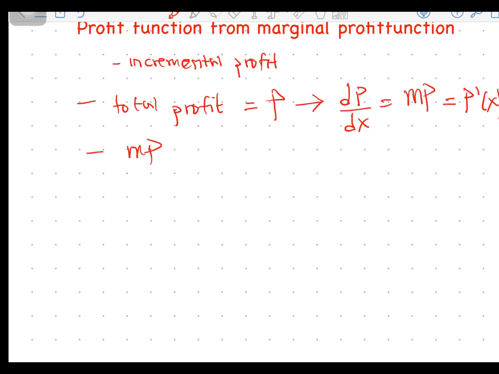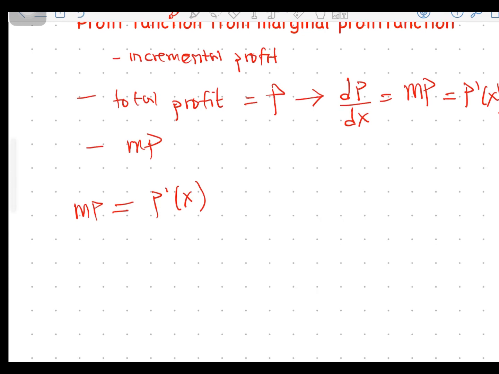Based on this, if you are given the marginal profit, which is MP, or you can write it as P prime of X, and they are asking you to find the total profit, what you need to do is find the integral of the marginal profit to get back your total profit.